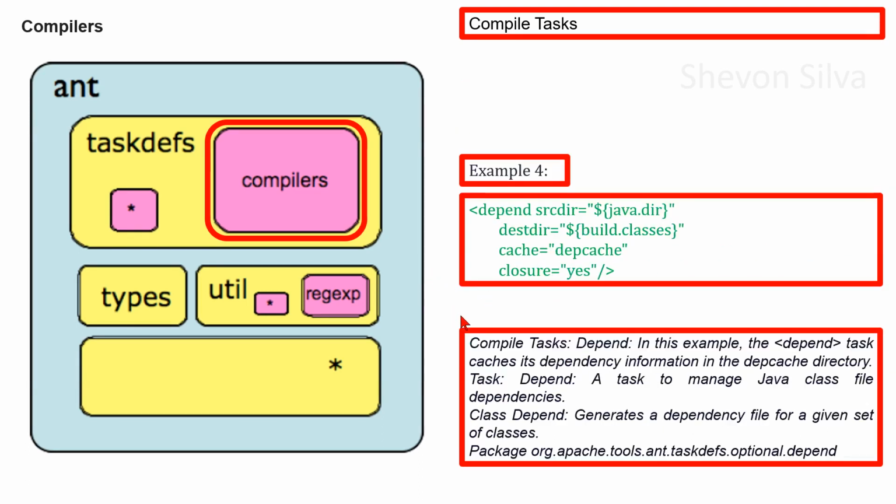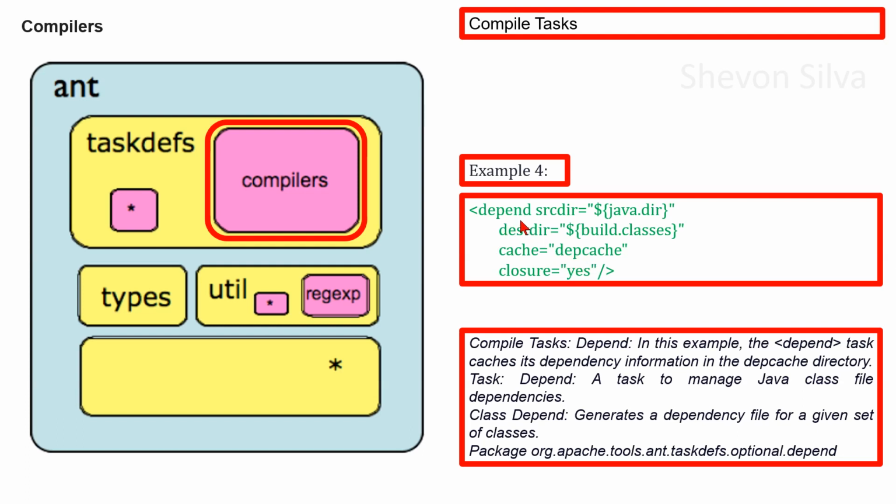Now we are focusing on depend in compile tasks. In this example, the depend task caches its dependency information in the depcache directory.